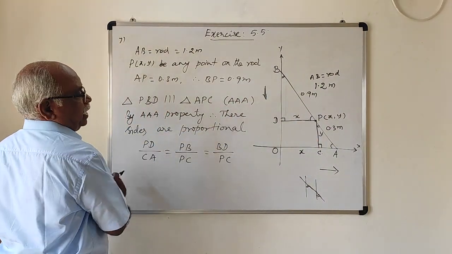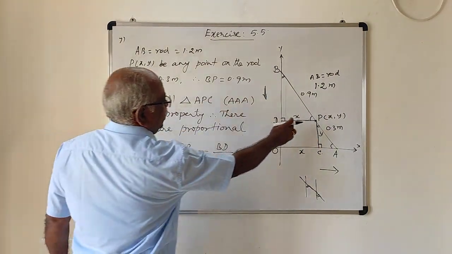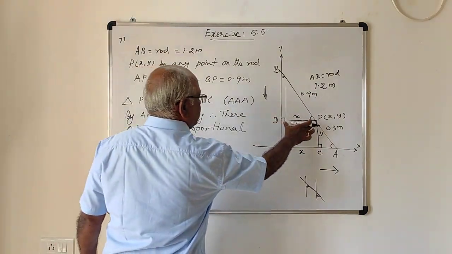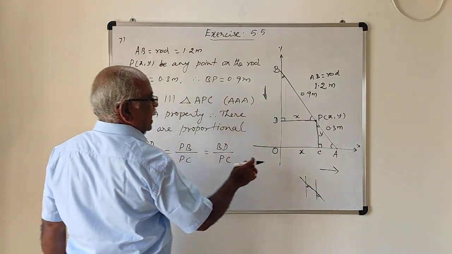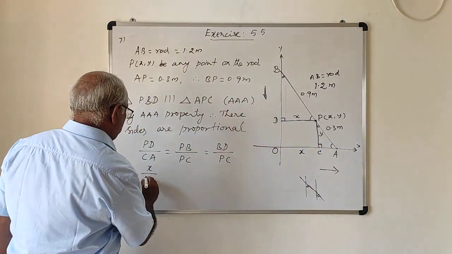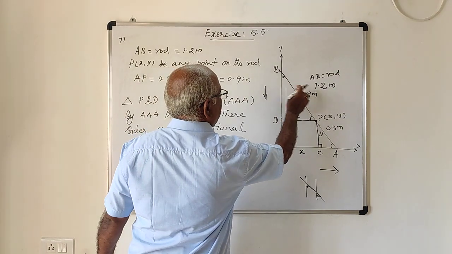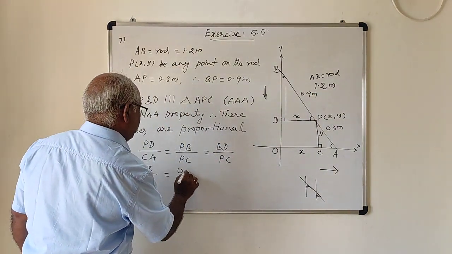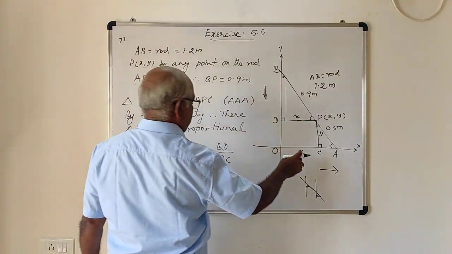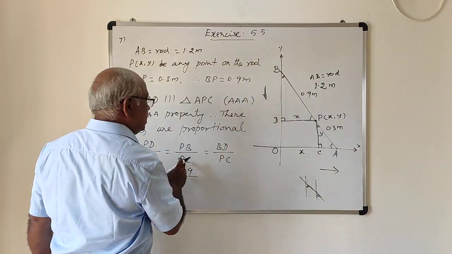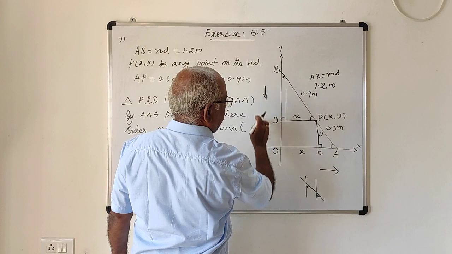Now PD, we know PD is X. CA, we don't know, we write it as CA. PB we know is 0.9 millimeter, sorry, meter. And PC, PB is 0.9.